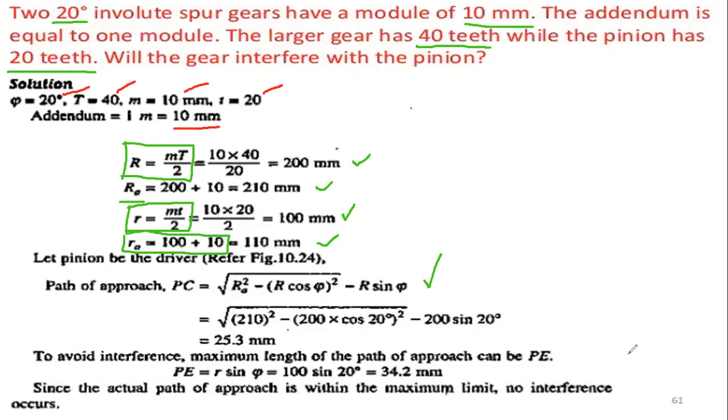So we got the value as 25.3 mm. So this is the value obtained for the path of approach.